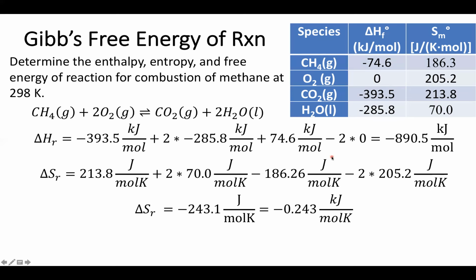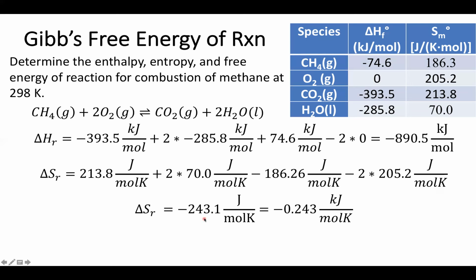So turns out when you tabulate all of this together, you end up generating an entropy of reaction of about negative 243 joules per mole Kelvin. However, one of the things I do like to make note of is that since we're going to try and combine our entropy with our enthalpy, this is actually a fairly convenient place to move our units over from joules to kilojoules. So you can see why we typically use joules.